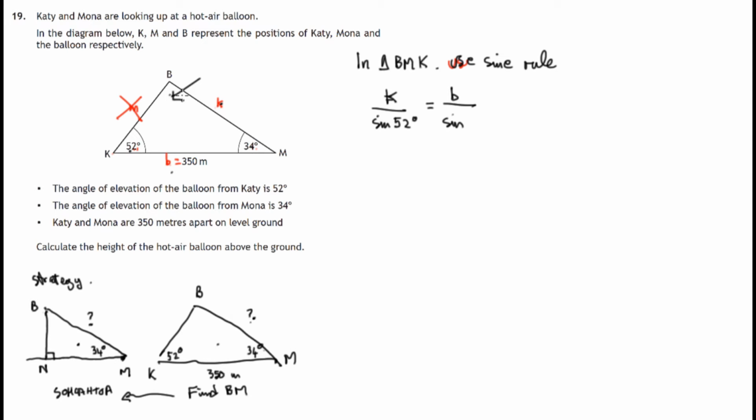Well, we know the three angles in this triangle add up to 180. So angle B would be what's left after we subtract the sum of the other two angles from it, 52 and 34. In other words, it's 180 minus 86. So that's 94. You could do that on your calculators. But 94 degrees.